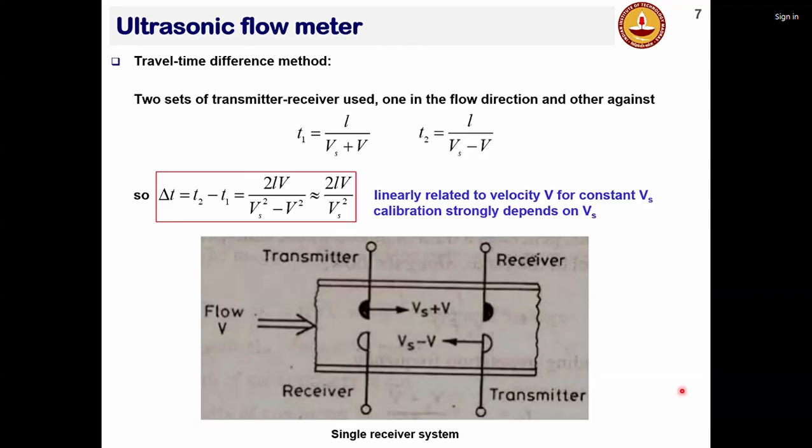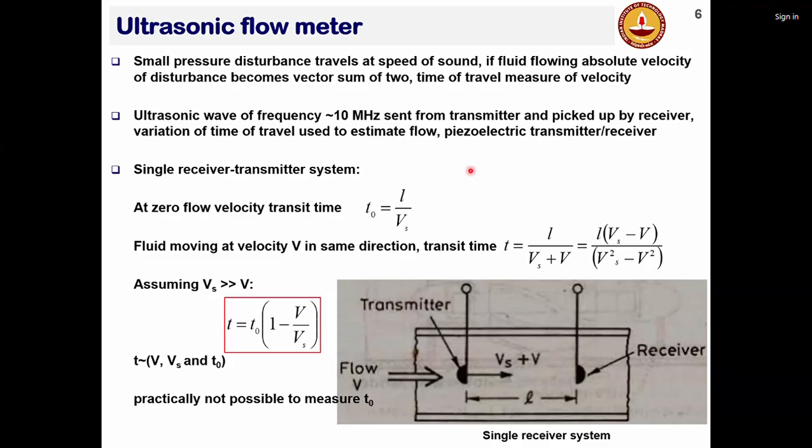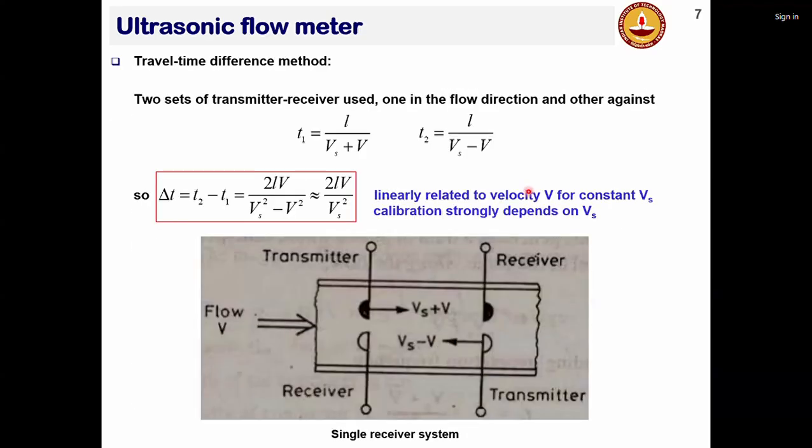So there is an alternate arrangement which is proposed, where you need not calculate the T naught, that means the zero flow transit time. Here you have two sets of transmitter and receiver. Let's say flow is in this direction from left to right. In one case, you have a transmitter at the left and the receiver on the right, so the sound wave moves from left to right.